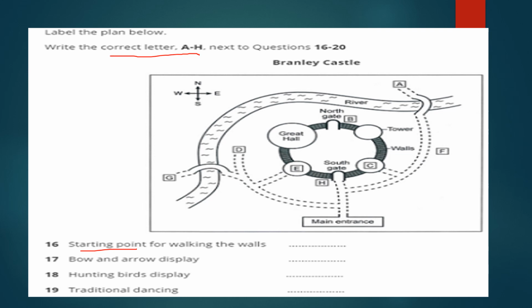Main entrance, okay, south gate, remember the south gate. Here's a north gate, here's a tower, here are the walls, a great hall, and a river. Beside the north gate is a destination. It may be a bow and arrow, maybe it's nothing. So just remember these things as much as possible.